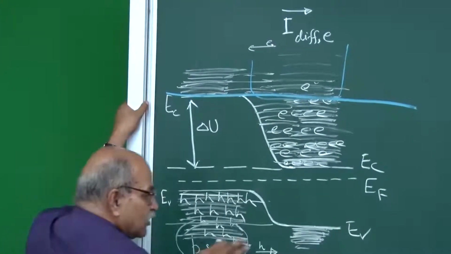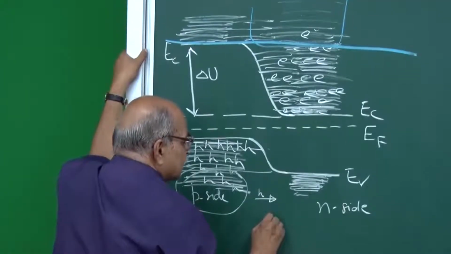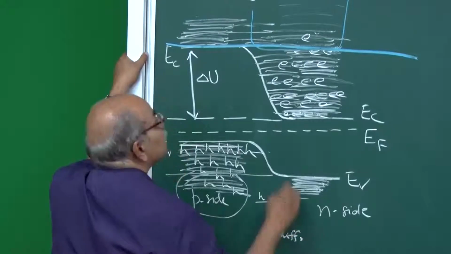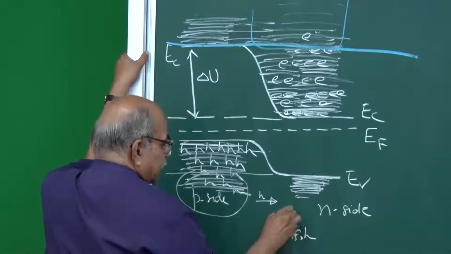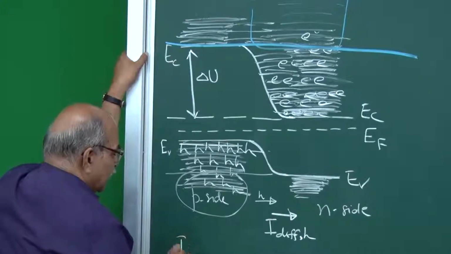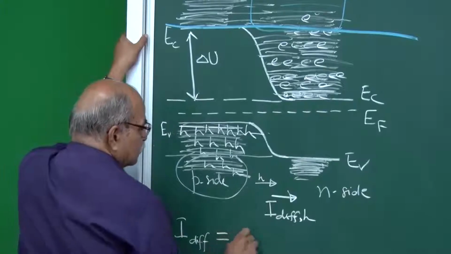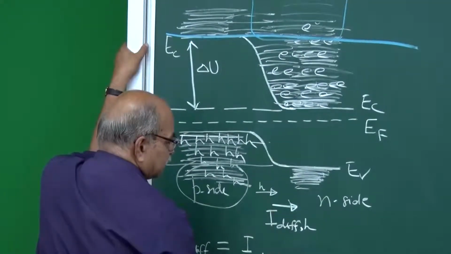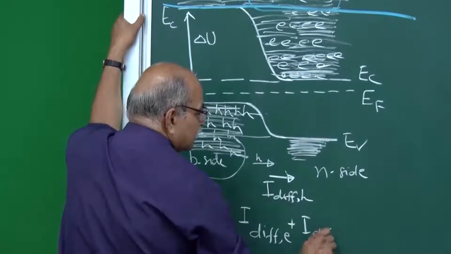And here, because of holes going this side, you again have a diffusion current. You can call it I diffusion because of holes, and the direction is once again the same, and so you have I diffusion, which is equal to I diffusion because of electrons plus I diffusion because of holes.